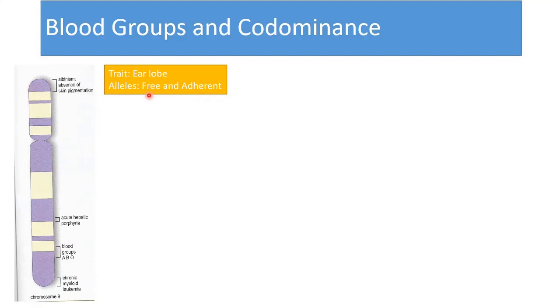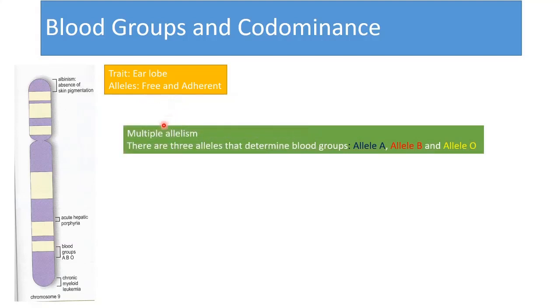Actually, most of the traits in humans, animals, and plants have in nature only two alleles. But in reality, there are certain traits that have more than two alleles. These are called multiple allelism. Multiple allelism is when a certain trait has 3 or more alleles in nature.